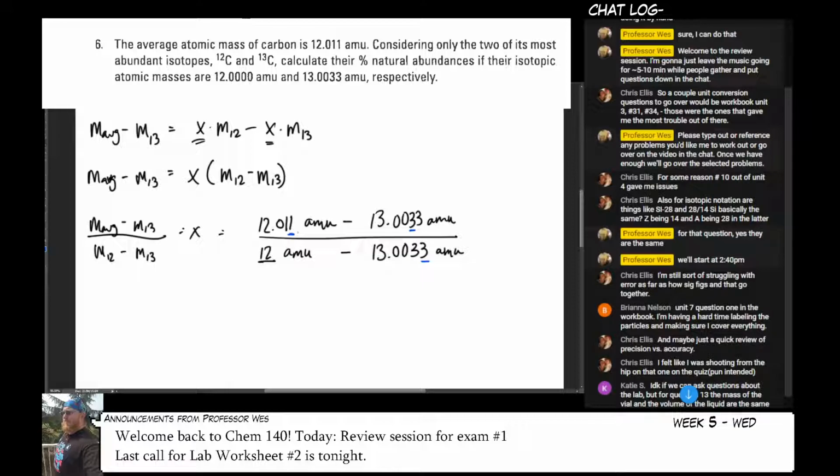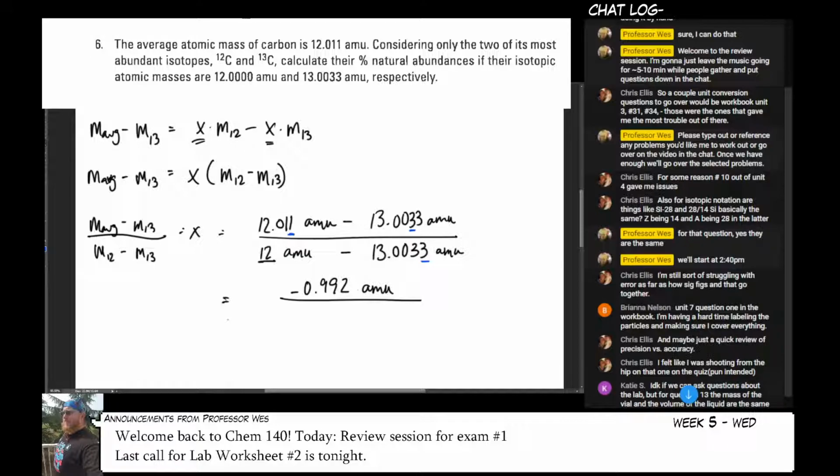So 12.011 minus 13.0033, and I get negative 0.992, going to the thousandths place. So I should have 3 decimal places because of sig figs for subtraction. And again, don't worry about negatives because they'll cancel if you're doing this right.